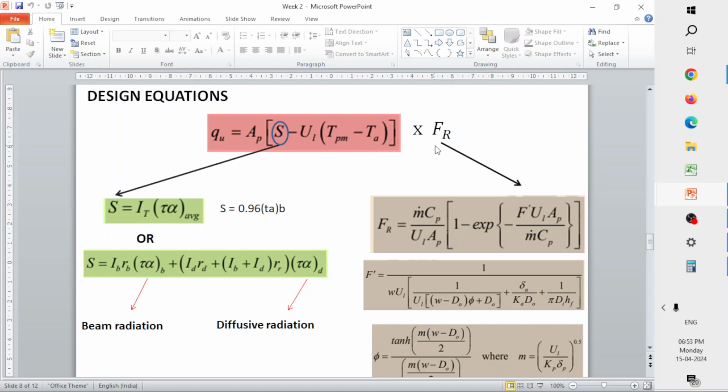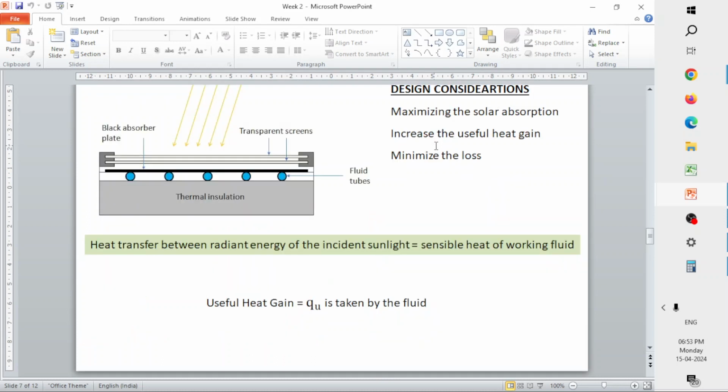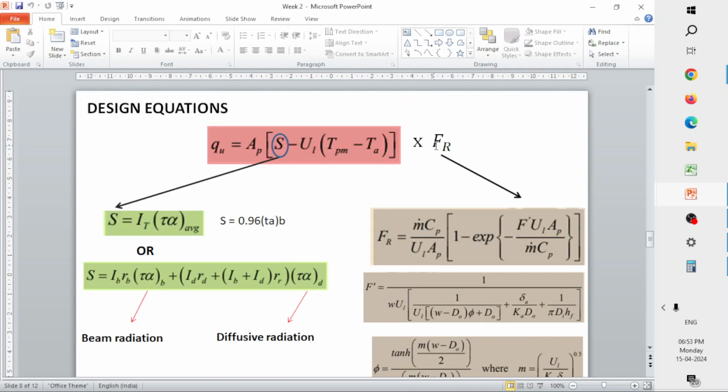Fr is the heat removal factor. That is the actual useful heat gain to the useful heat gain that would have occurred if the absorber plate was at the inlet fluid temperature.